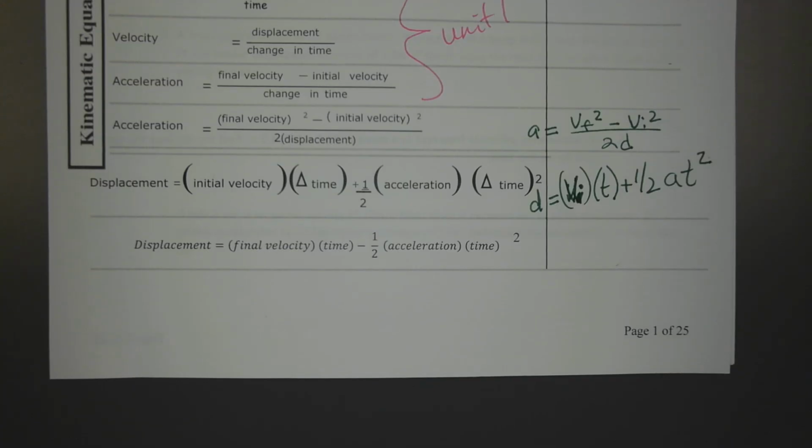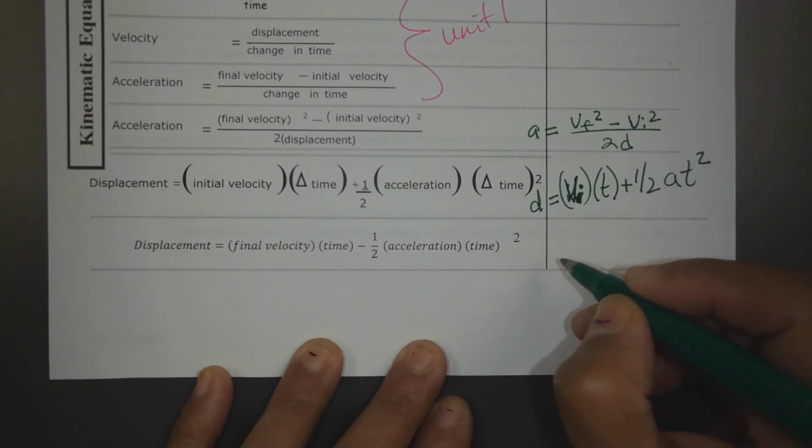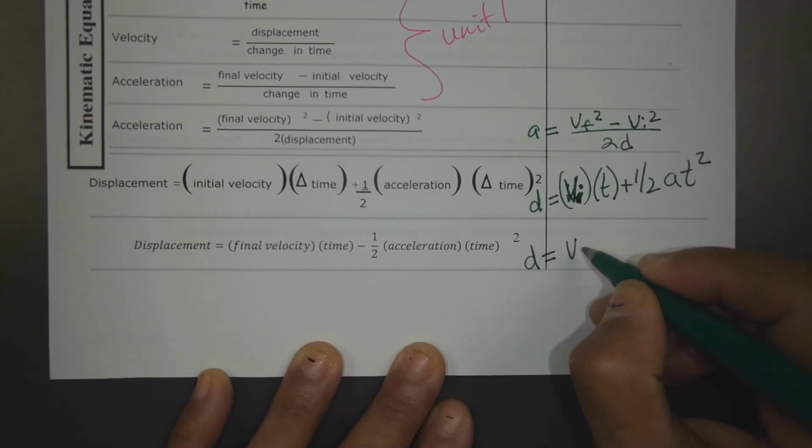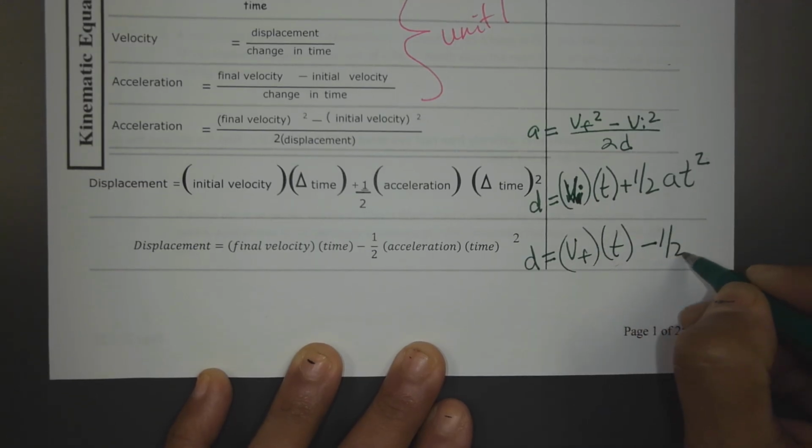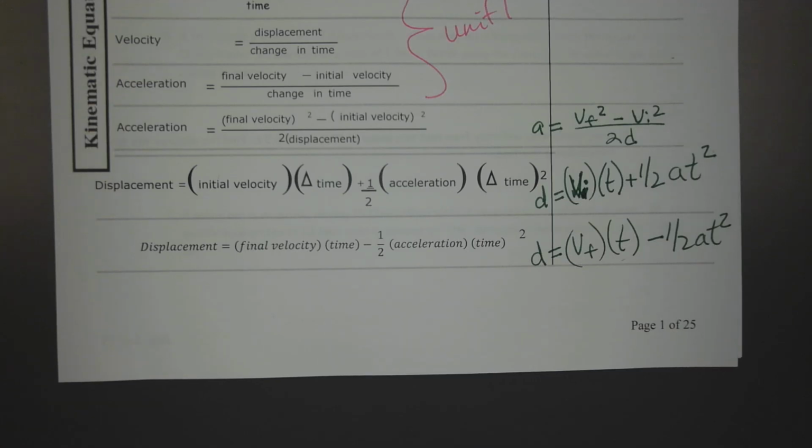If you're jumping out of an airplane to parachute, that's your go-to equation. You better be able to do your kinematics. And then the last one, which is not used too often, is distance equals final velocity times t minus 1/2 a t squared. Hint, hint, it's just like the one above it. Now, I kind of agree with Carlos.